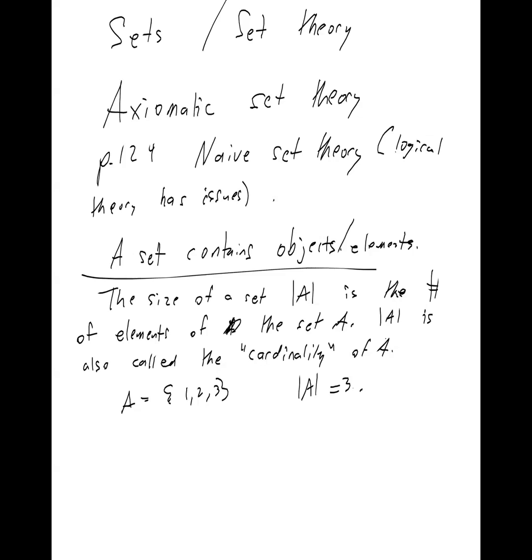Now, if there's a total number of elements of the set, if the cardinality of A is equal to n for some integer called n, then A is called finite.